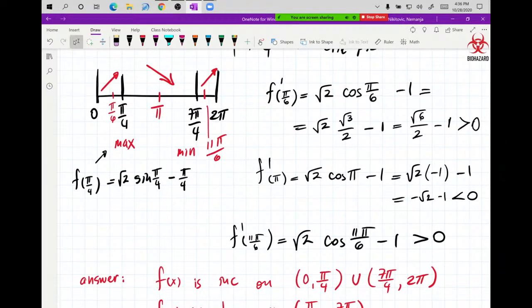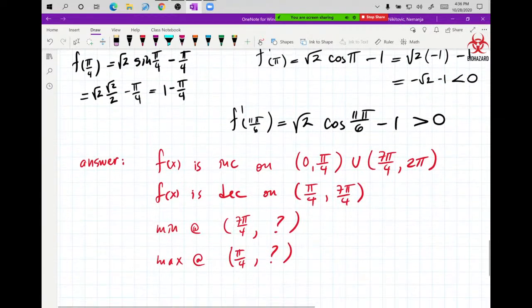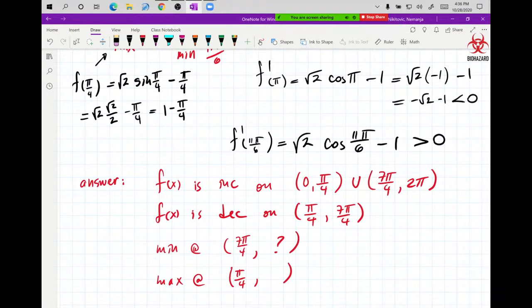Sine of pi over 4 is root 2 over 2, so you're getting root 2 times root 2 over 2 minus pi over 4, which is 1 minus pi over 4. That's a positive number because pi is 3.14, so pi over 4 is less than 1, and 1 minus a number less than 1 is positive. This is your y value. So for max, we have 1 minus pi over 4.